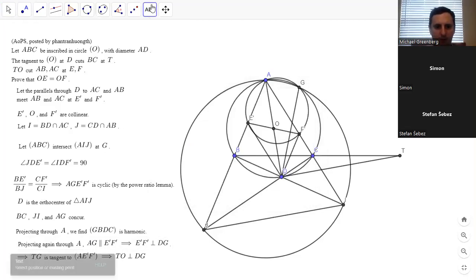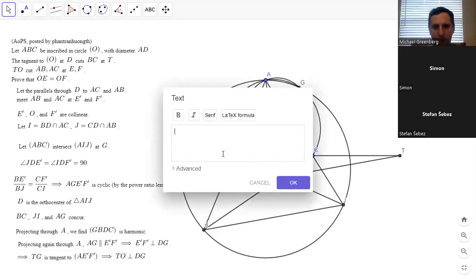So this implies that E prime, F prime, O, and T are collinear.